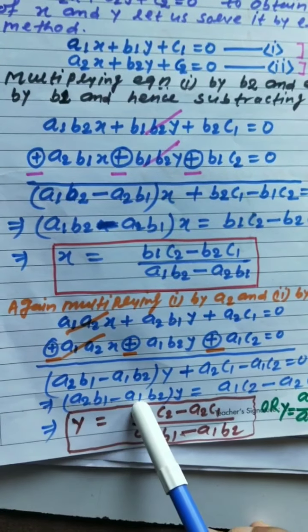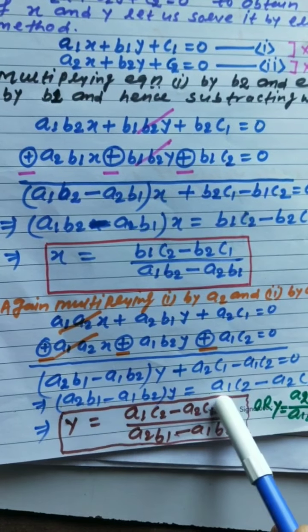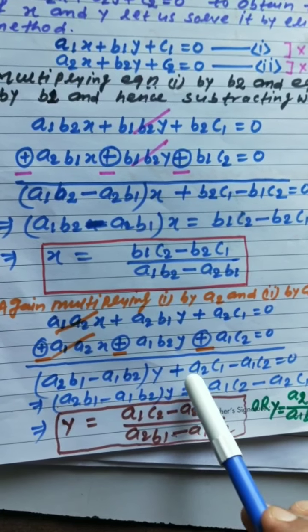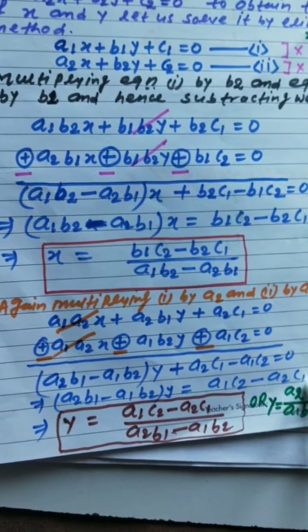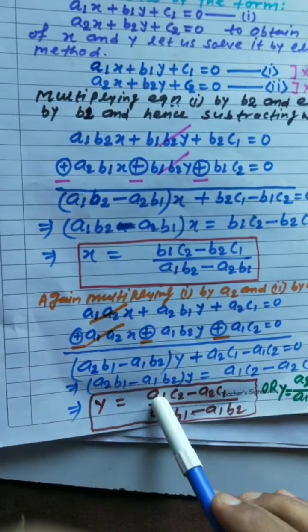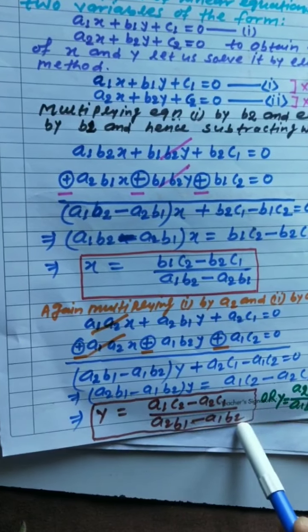Now a2 b1 minus a1 b2 into y will be equal to, this minus, when transferred to RHS, will be plus, and plus a2 c1 will be minus. Then we have got the value of y, which is equal to a1 c2 minus a2 c1 upon a2 b1 minus a1 b2.